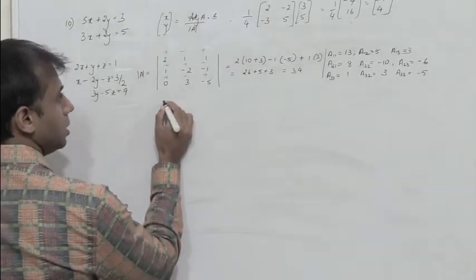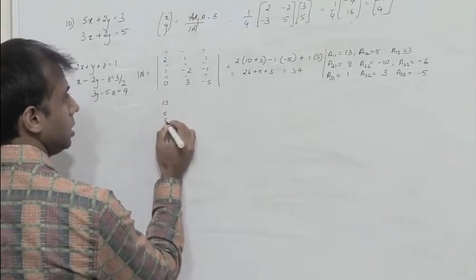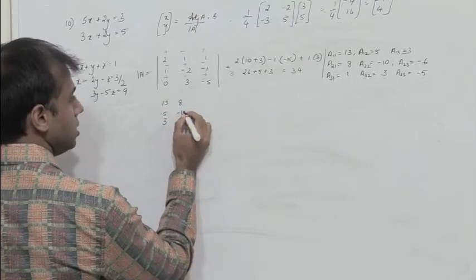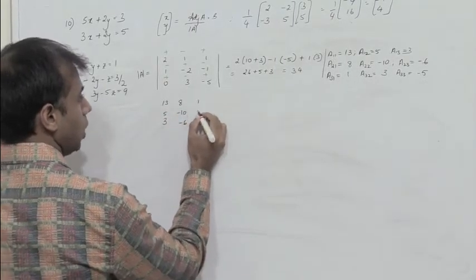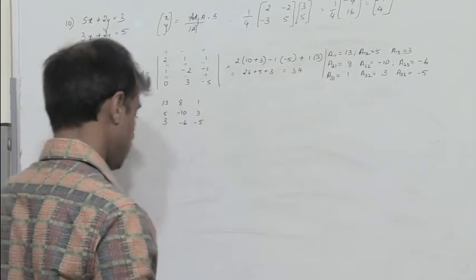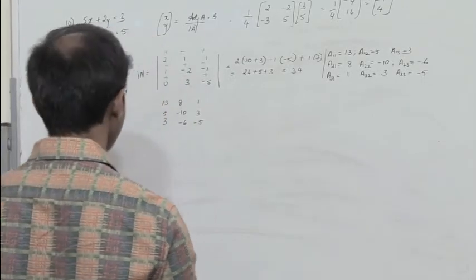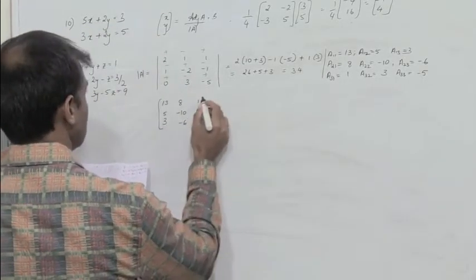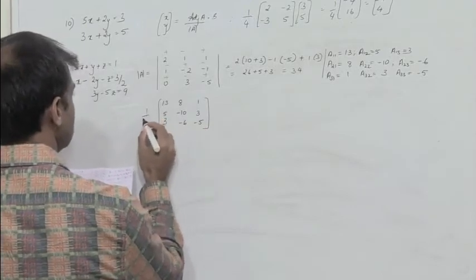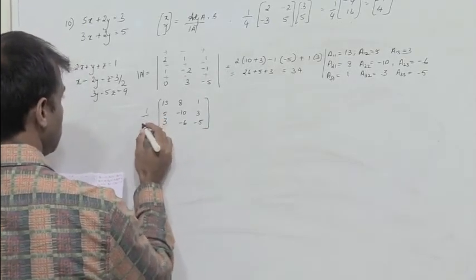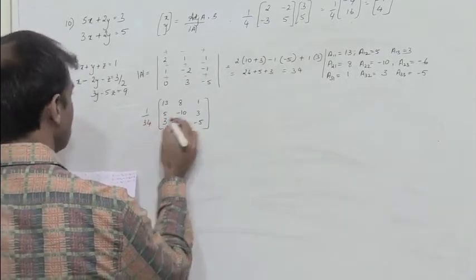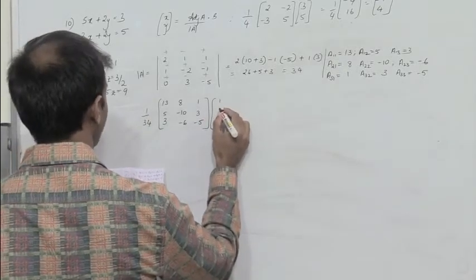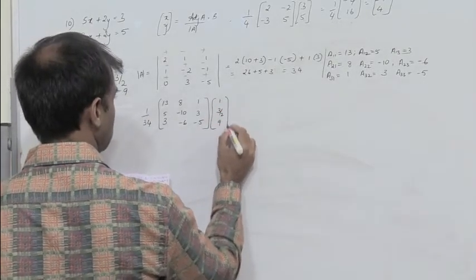So we have 13, 5, 3, 8, minus 10, minus 6, 1, 3, minus 5. Right? And then I have 1 by determinant A, which is 1 by 34, multiplied with B, which is 1, 3 by 2 and 9.